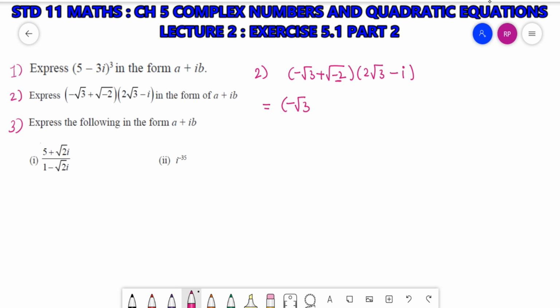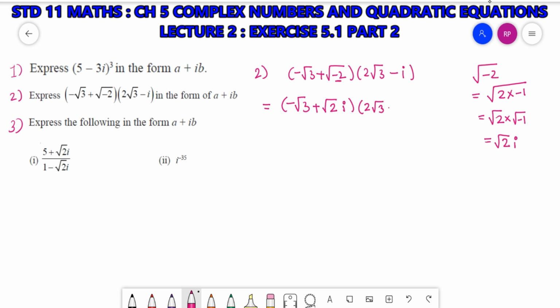Now see here it is square root of minus 2. I can rearrange it in this form: 2 into minus 1. This will be equal to square root of 2 into square root of minus 1. What is square root of minus 1? That is the imaginary number i. Okay, so instead of square root of minus 2, I will write down root 2i, into (2 root 3 minus i).